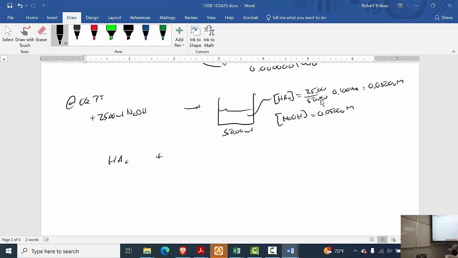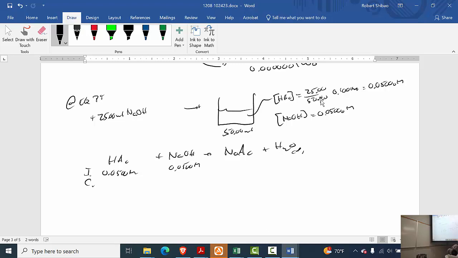Okay, once we figure out the initial concentrations of the reaction mixture, then we'll react it. And so HAc plus NaOH is going to give us NaAc plus water. The initial is 0.0500 and 0.0500. The change is going to be complete. This is stoichiometric.